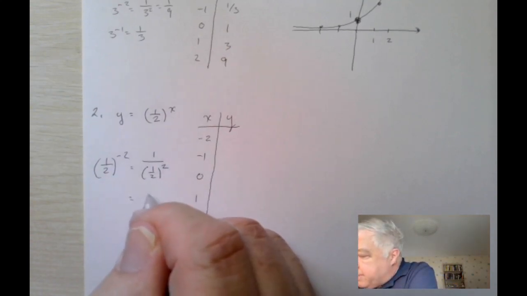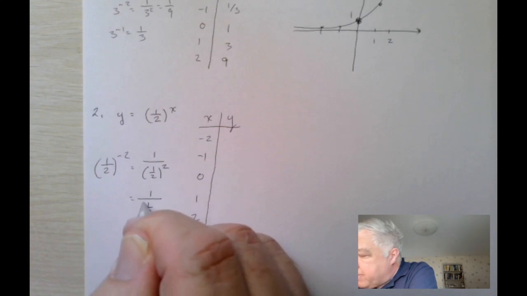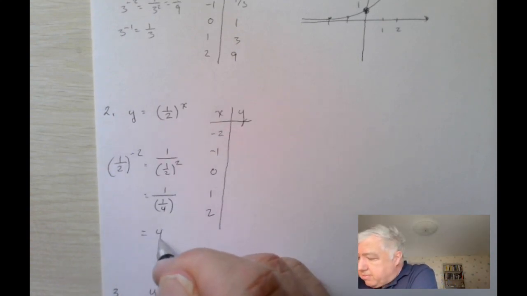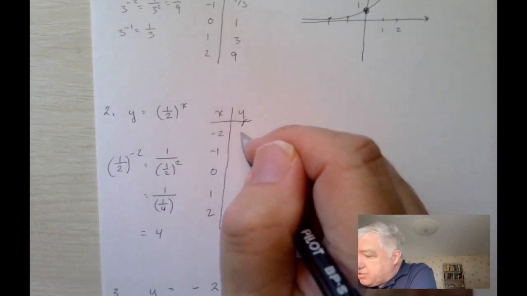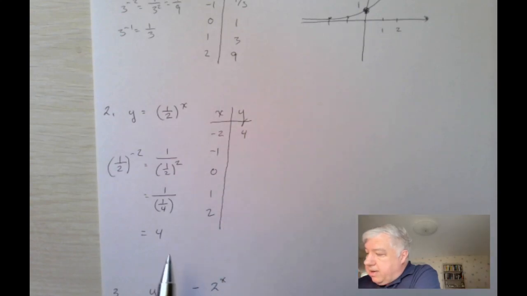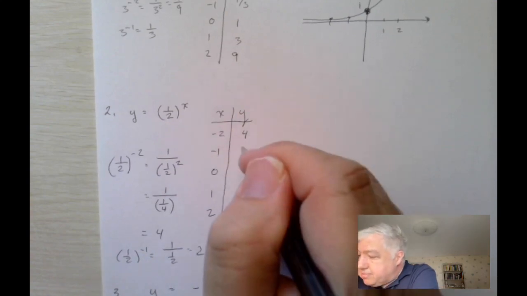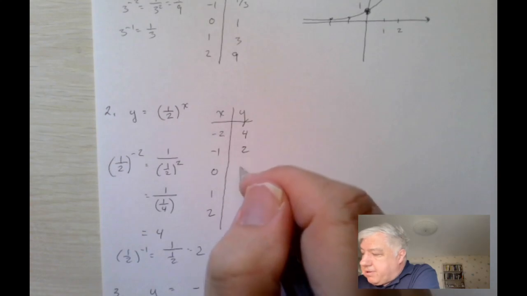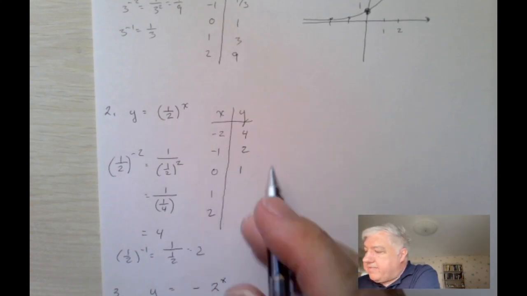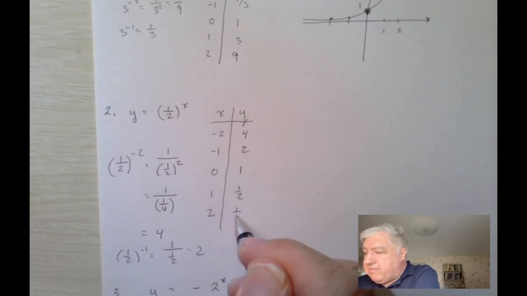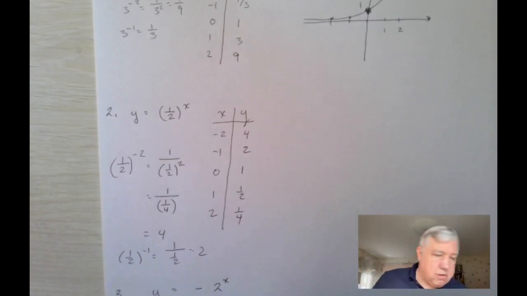Then this is 1 over 1/4, and that means we're taking the reciprocal of 1/4, which is just 4. You can check that 1/2 to the negative 1 is 1 over 1/2, that's 2. 1/2 to the 0 is 1. 1/2 to the first is 1/2. And 1/2 times 1/2 is 1/2 squared, that's 1/4.